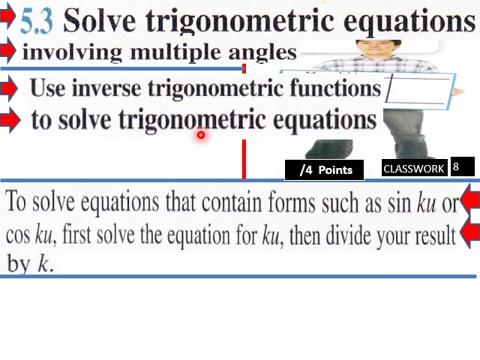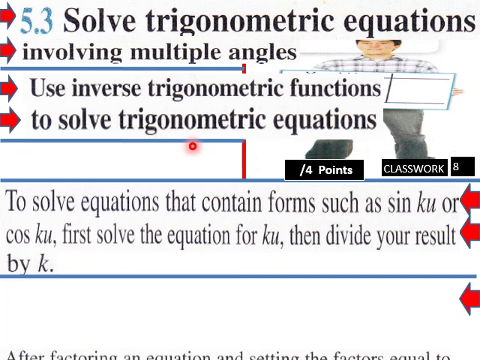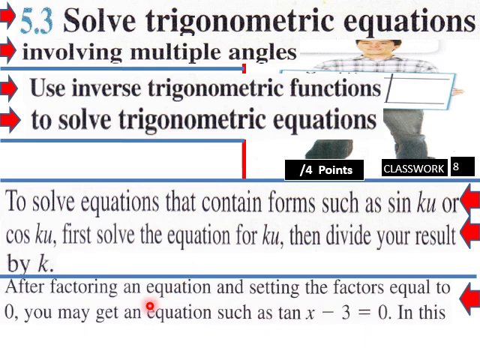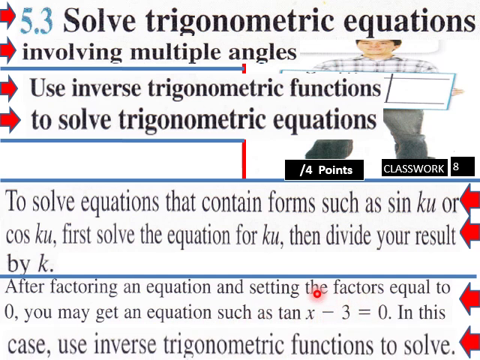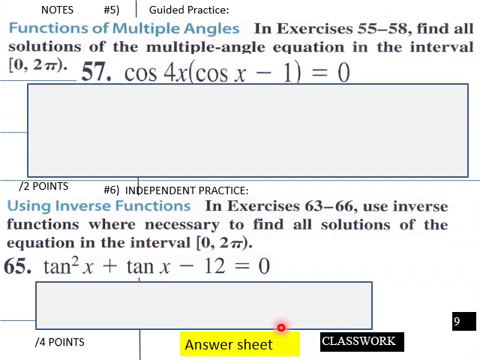Use inverse trigonometric functions to solve trigonometric equations. After factoring an equation and setting the factors equal to 0, you may get an equation such as tan x minus 3 equals 0. In this case, use inverse trigonometric functions to solve. So let's try one of those.